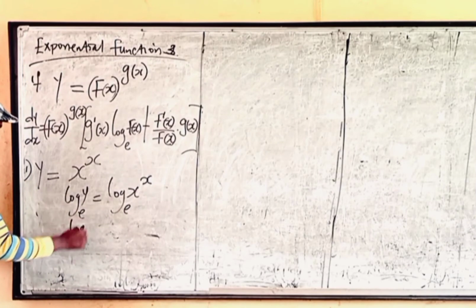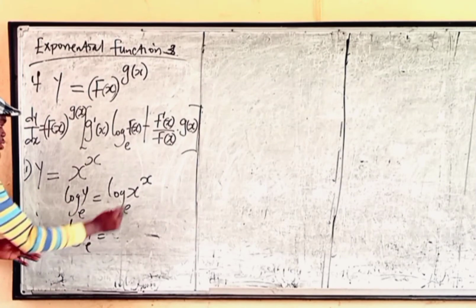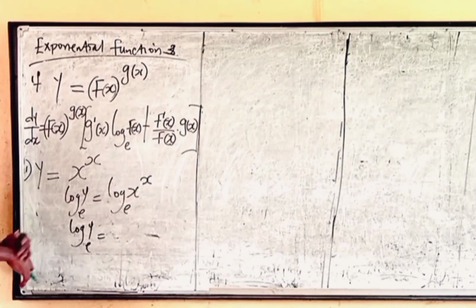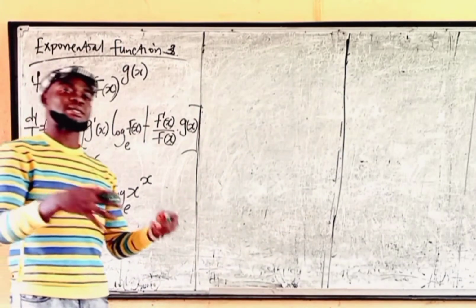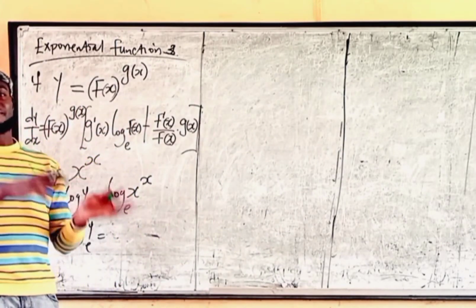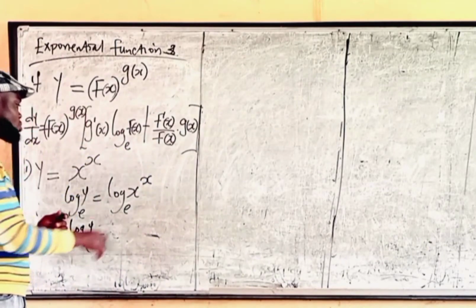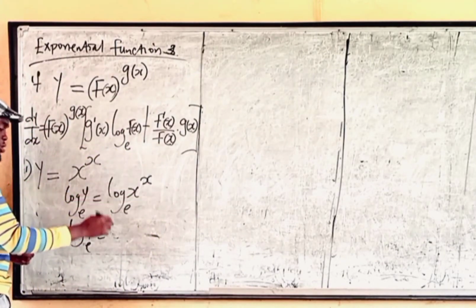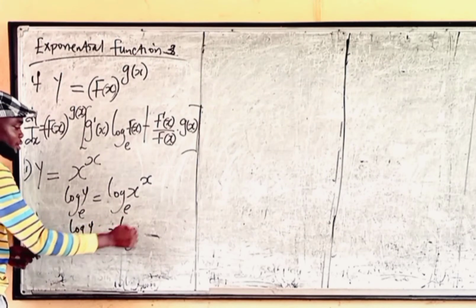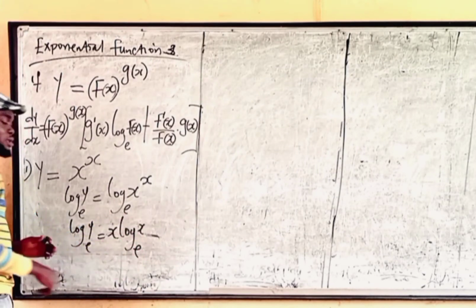So we're going to have log y equals, applying the rules of logarithm here: if you have log a raised to power b, the answer is b log a. The power will move to the front of the log. So we're going to have x log x to base e.